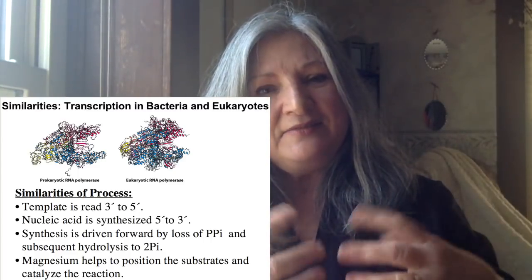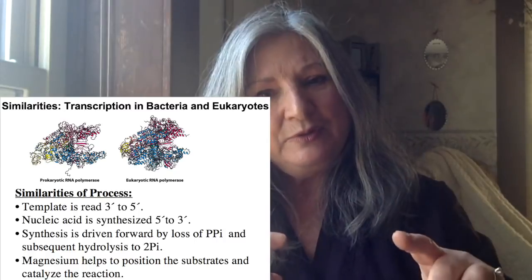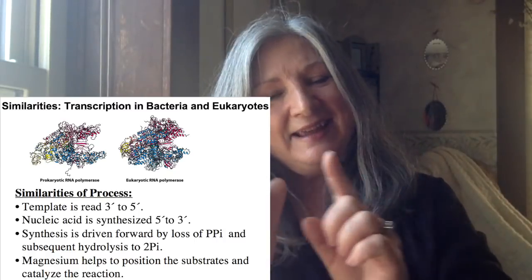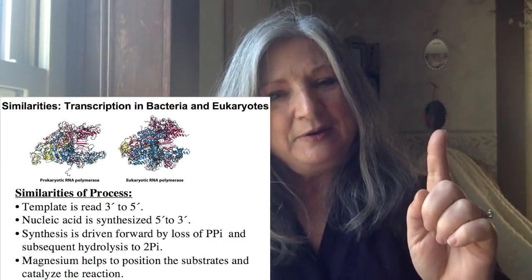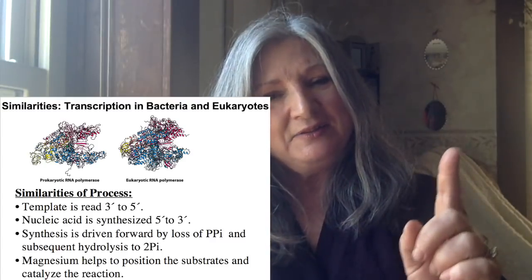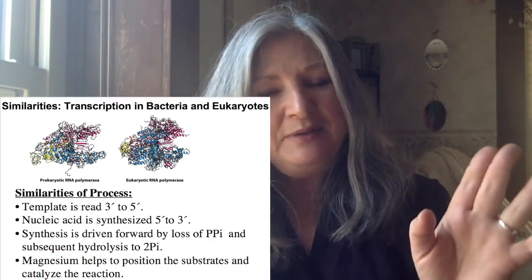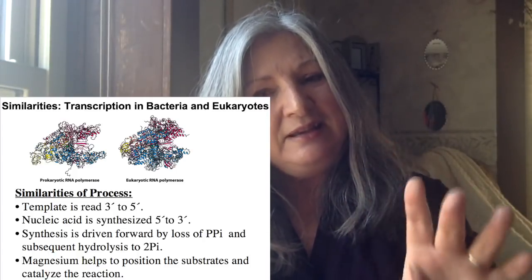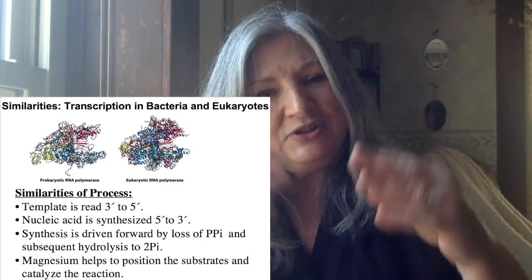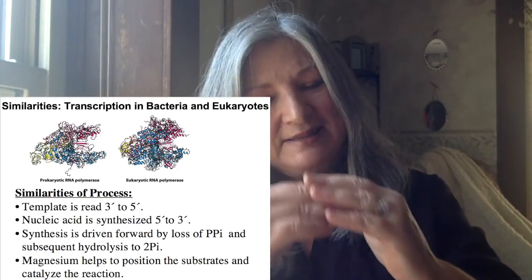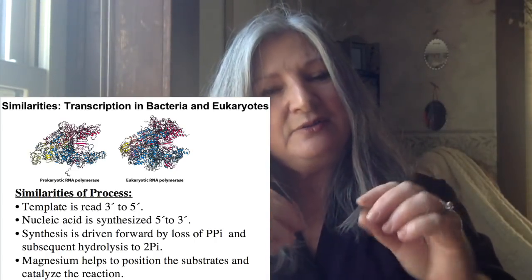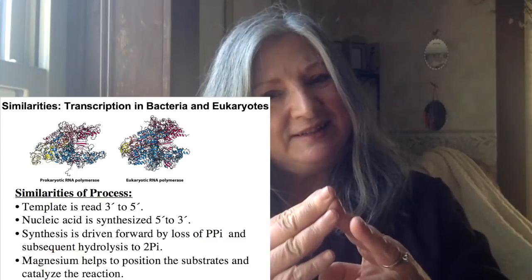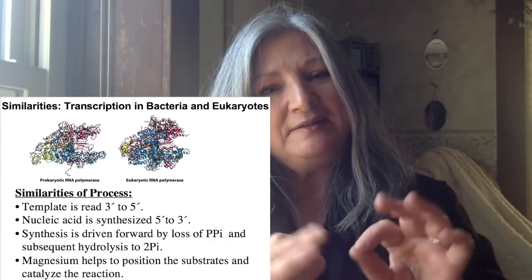The synthesis of this RNA is going to be driven forward by loss of pyrophosphate and subsequent hydrolysis of the pyrophosphate to yield 2 molecules of inorganic phosphate. It's the same in prokaryotes and in eukaryotes. And another thing is that we need magnesium in order to position these substrates at the right place inside the polymerase and also to help catalyze the reaction itself. So magnesium is required as a cofactor.